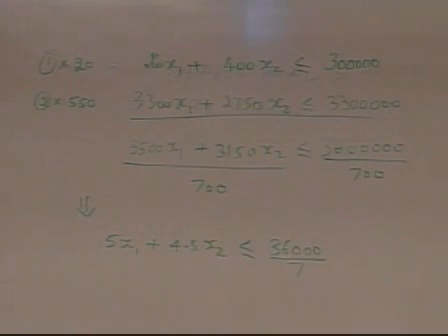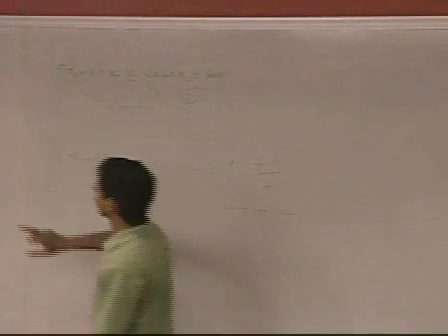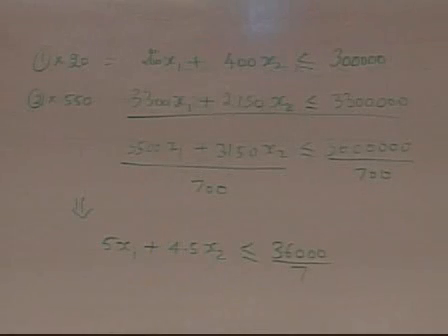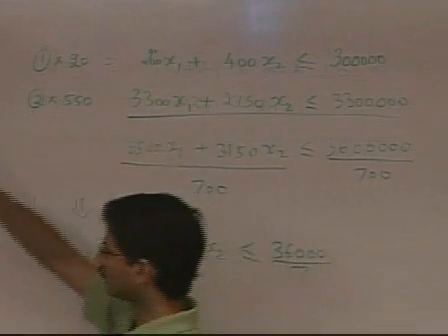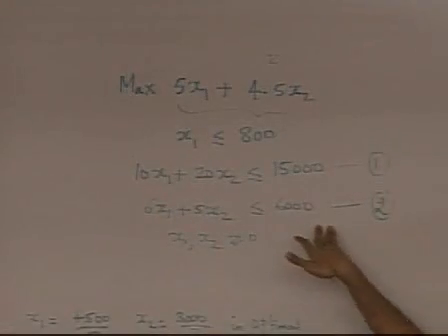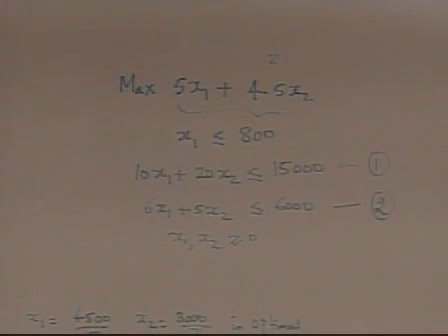Yes, first number in the first line. This one? Yeah, 200, yes. So all I'm doing is I took this inequality, multiplied it by 20. I took this inequality, multiplied it by 550, and I added.